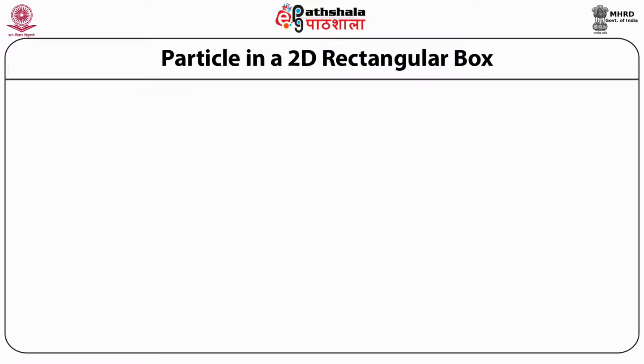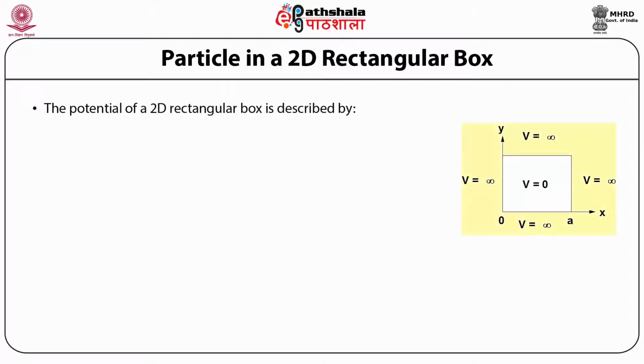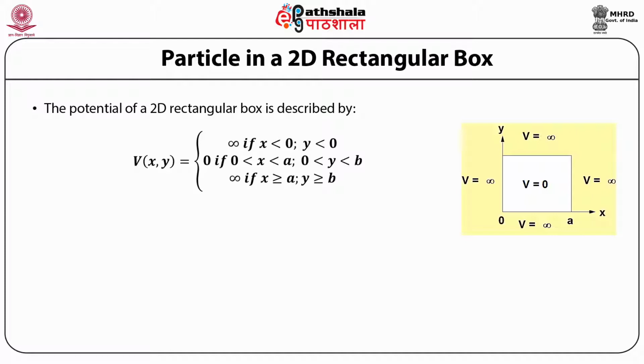Particle in a 2D rectangular box. The potential of a 2D rectangular box is described by V(x,y) equal to infinity if x is less than 0 and y is less than 0.